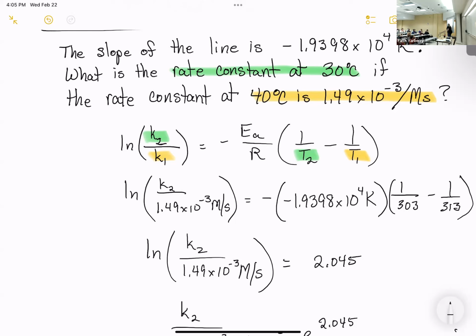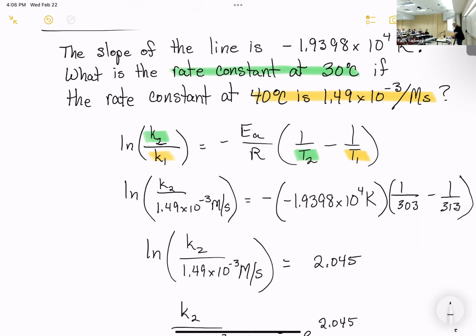The other one was at 40, which was 313, with K1 being 1.49 times 10 to the minus 3. Where I originally made my mistake was I put a negative in front of the 10 to the 4 instead of a positive. But if you do 1/303 minus 1/313 and multiply that by the positive 1.9398 times 10 to the positive 4, you get 2.045.